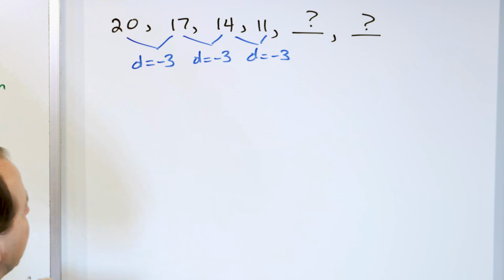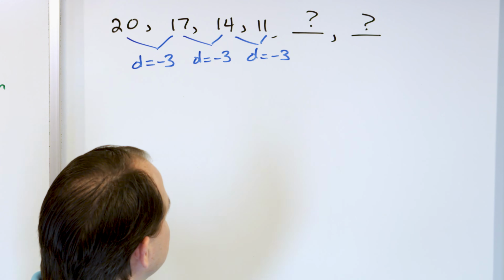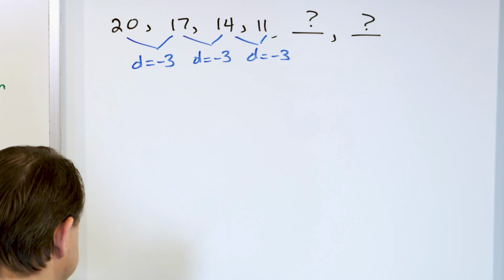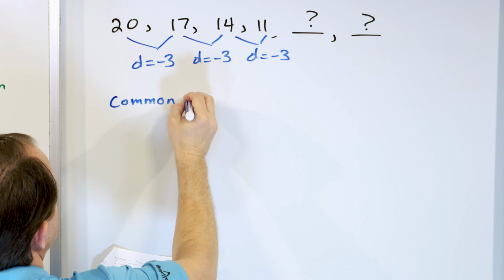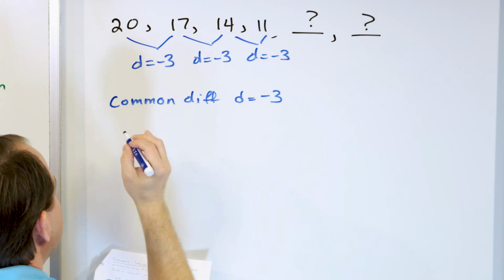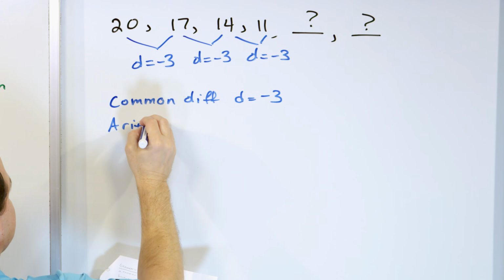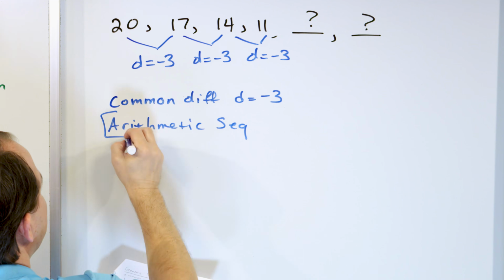Remember I told you D can be negative. All that means is the terms are just subtracted going down like this. So the common difference, D, in this case, is -3. So because of that, we know this is an arithmetic sequence. That's all you need to know.